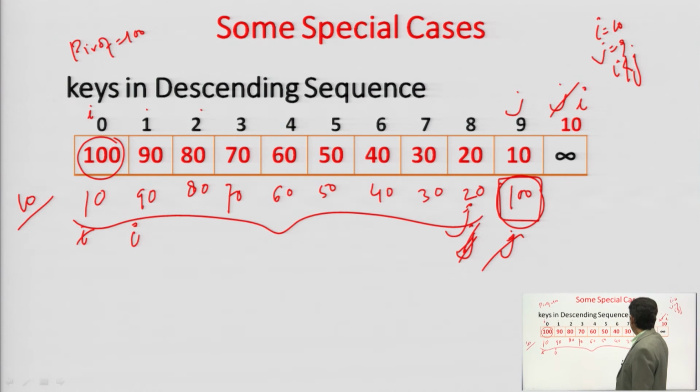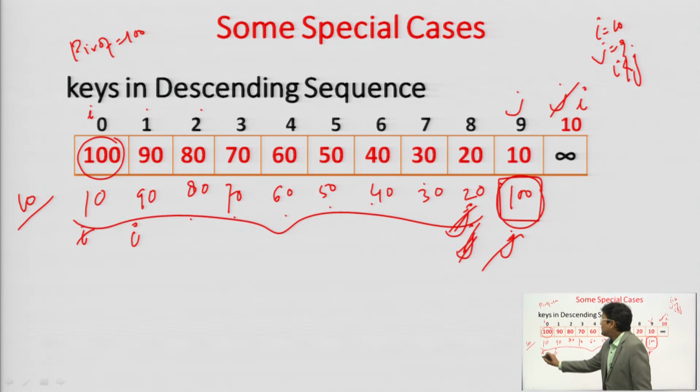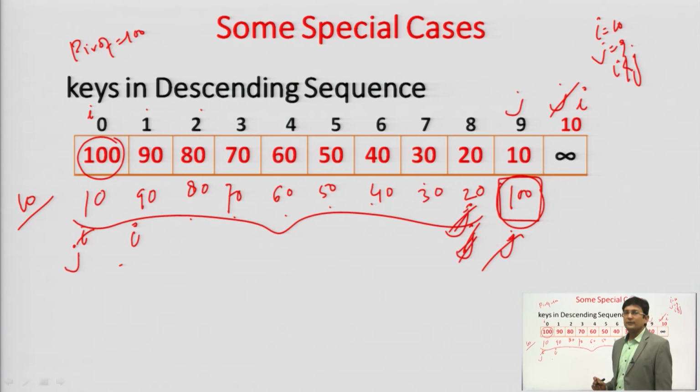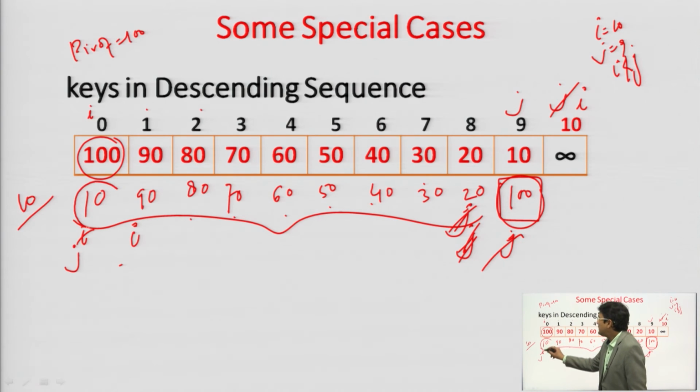Now, j will not stop here because this element is not smaller. j will not stop at 30, j will not stop at 40, 50, 60, 70, j will stop at index number 0. So, now in this case I is not less than j, you can see that I has exceeded j. So, you will exchange j with the pivot element, it means you are exchanging the first element with itself.